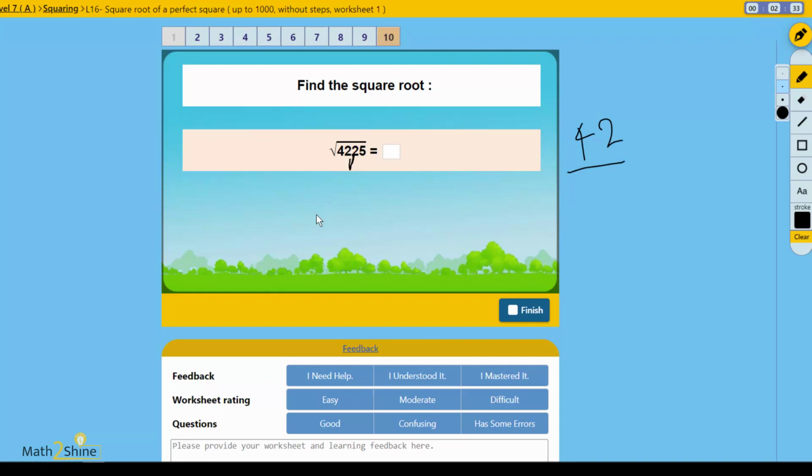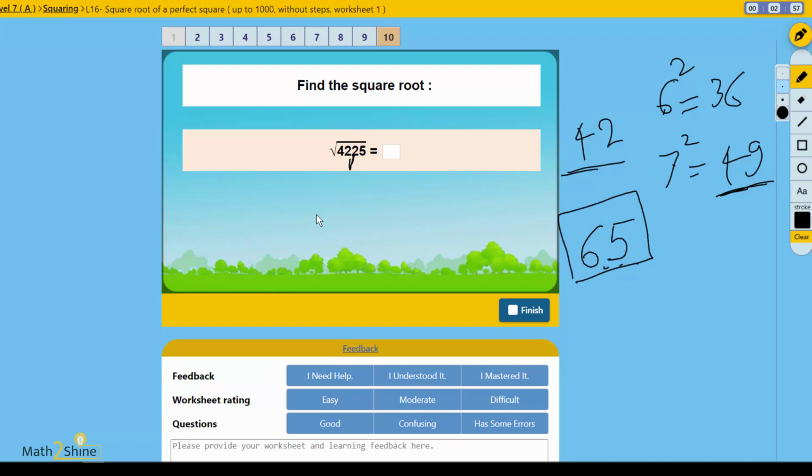What is the square of 6? 6 square is 36 and 7 square is 49. This number falls between 6 and 7. So my square root will be 60 something. But since the last two digits are 25, it can only be 65. So the square root of 4225 is 65.